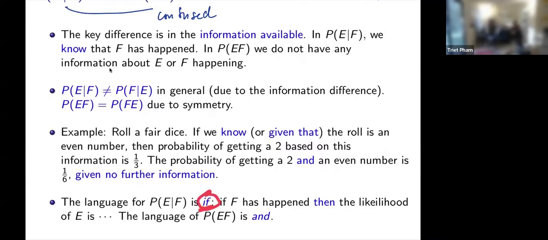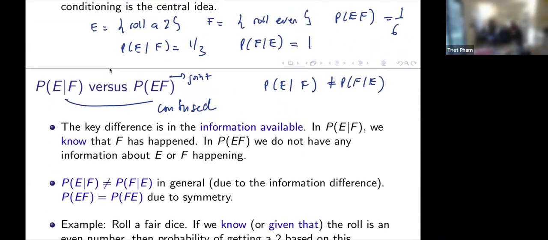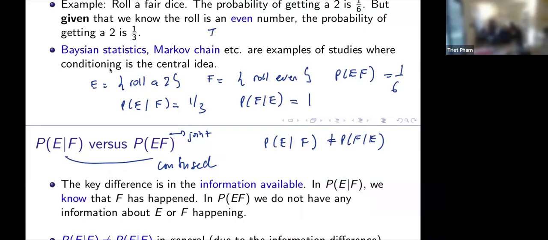Okay, if will signal that, again, of course, it's not 100%, or I cannot guarantee that this is the case, but usually when you hear the word if in the probabilistic context, that should be where conditioning is. Why? Because the word if kind of gives you information. If the roll is even, find the probability that the roll is a 2.